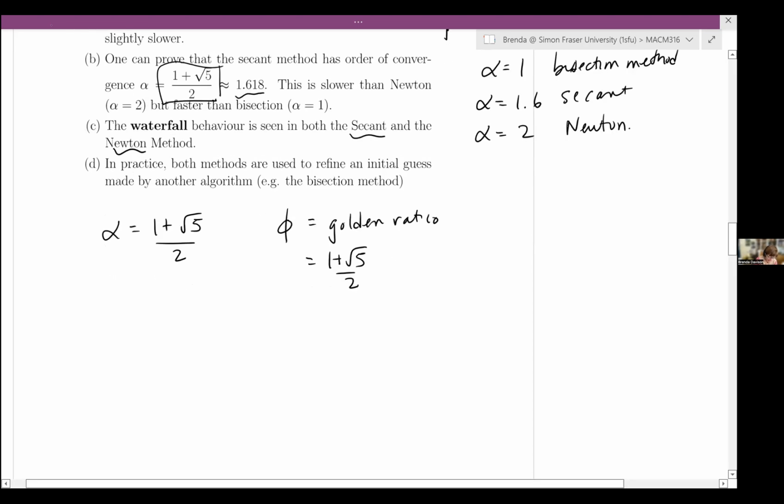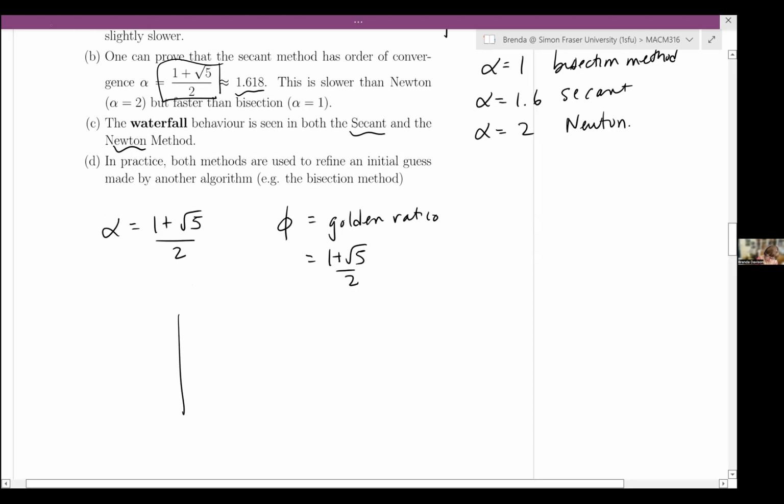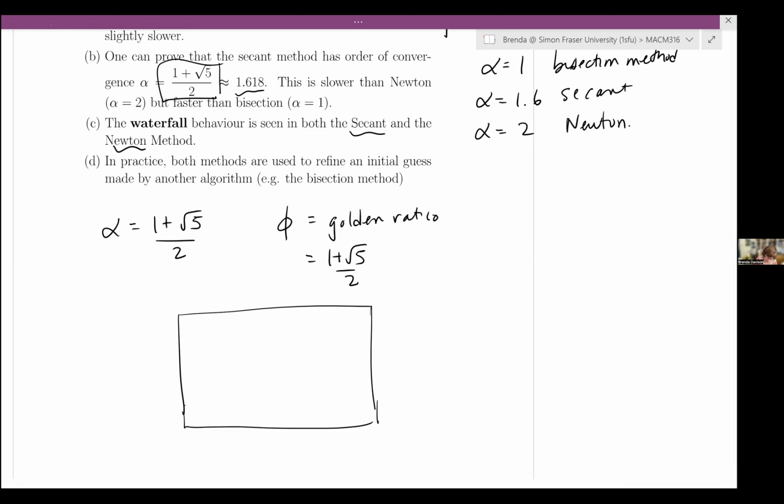And it is that number where if you were to consider a rectangle like this, and you were asked, where should I draw the line in the rectangle so that the aspect ratio of this bigger rectangle will be the same as the aspect ratio of this rectangle? So where along there should that be?